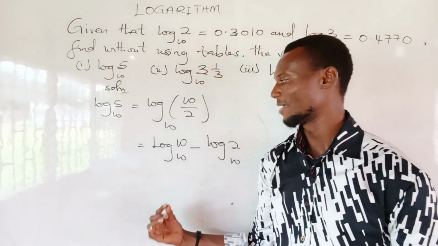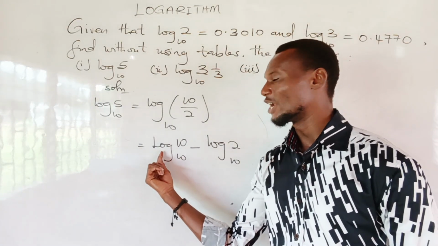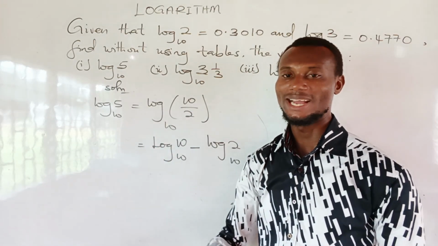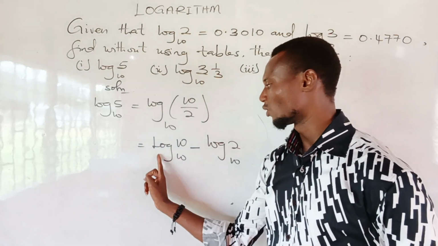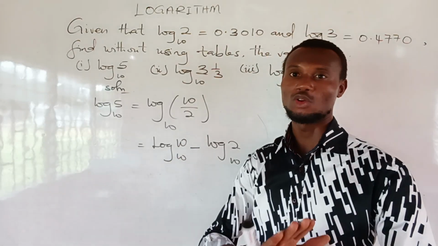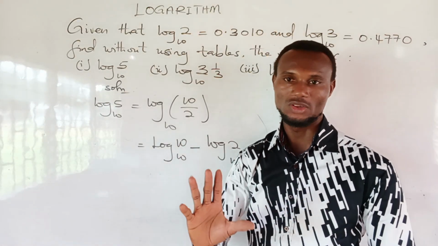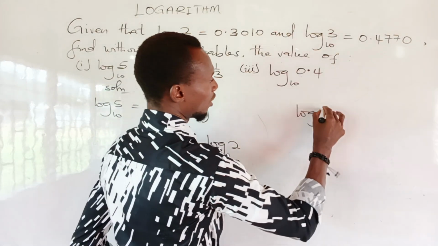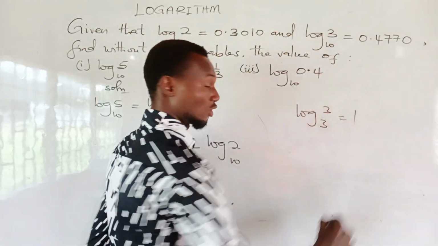So now from here, we know that the log of any number to the base of that same number is always equal to 1. So log 10 to the base 10 is equal to 1. This I've explained a lot in the previous videos. If I have the log of 3 to the base 3, it's equal to 1.